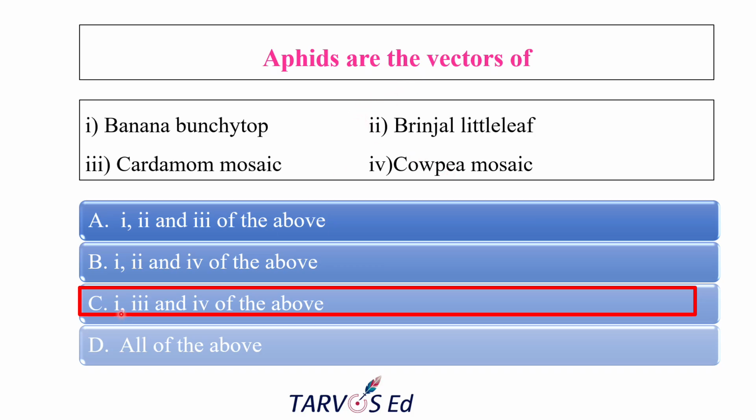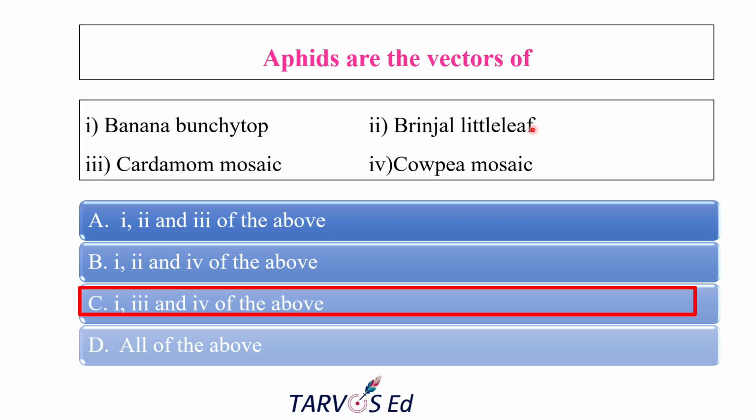So here the option is C, 1, 3, and 4 of the above. Banana bunchy top is usually transmitted by the banana aphid, Pentalonia nigronervosa, a very important pest usually occurring in banana. It causes persistent transmission. And brinjal little leaf is not transmitted by any aphid.